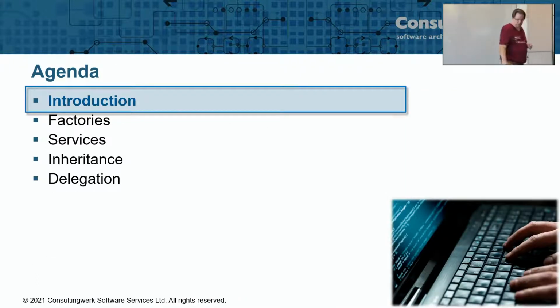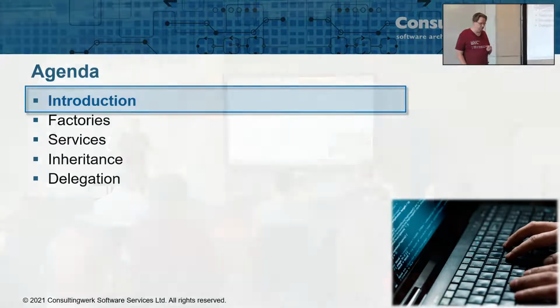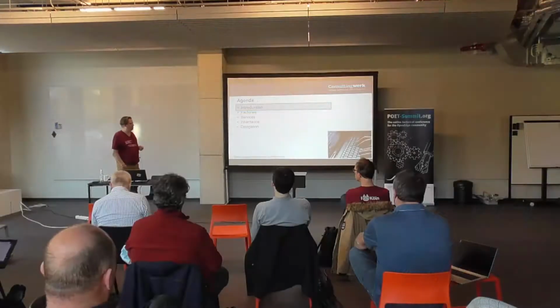So let's look into the agenda for the talk. I'm going to start with an intro, why I'm speaking about these 4 topics here, and then I cover the topics one after the other.